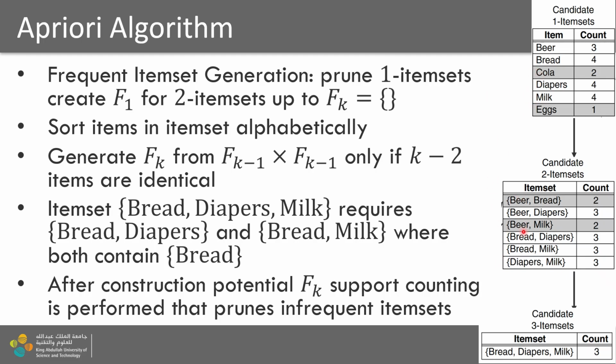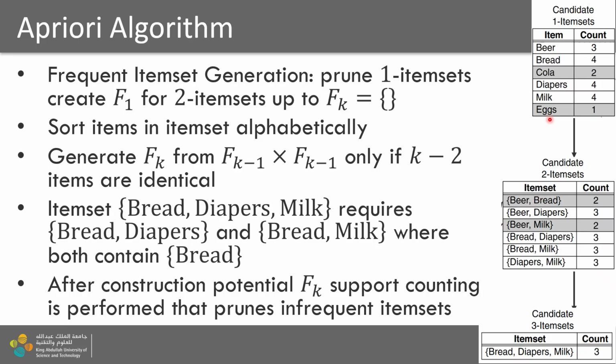So as you can see, this is all nicely alphabetically ordered, and we have these candidate 2 item sets, and we can check which of these 2 item sets actually satisfy the criterion of having a support of at least 1/2 in our case. Well, beer bread counts only 2, so it's only 2/5, less than 1/2.